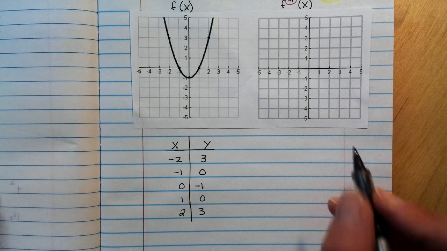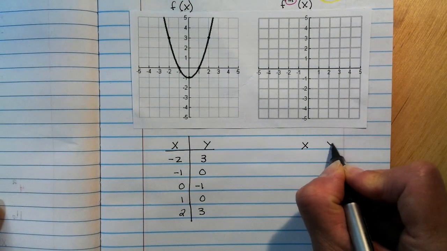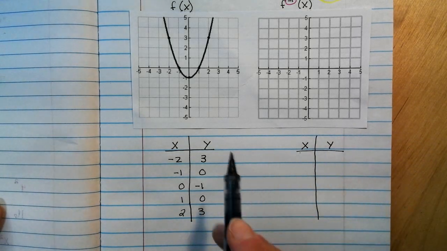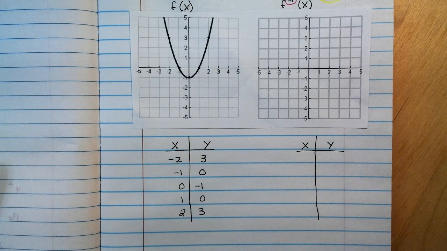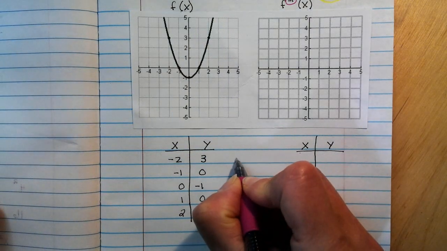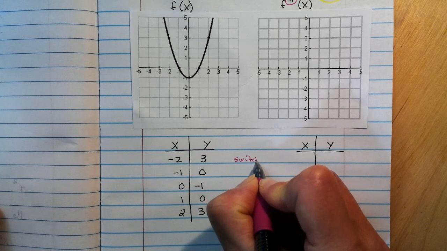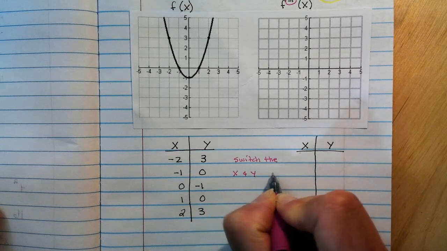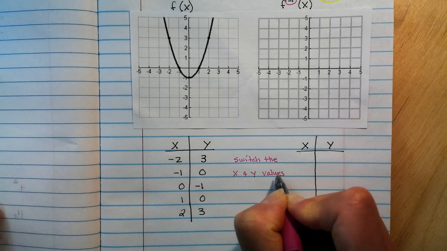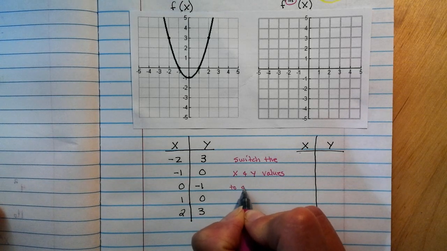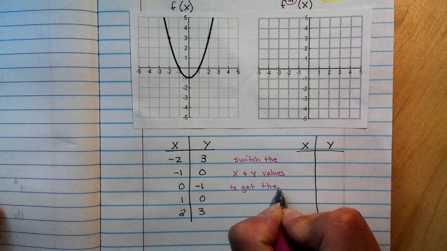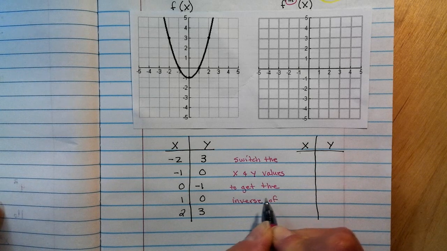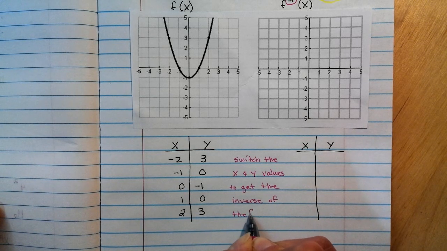In order to find the values of my inverse, notice I'm not given a graph, I'm not given an equation, all I'm given is my original function. It's actually pretty simple. All I have to do is switch the x and y values to get the inverse of the function.